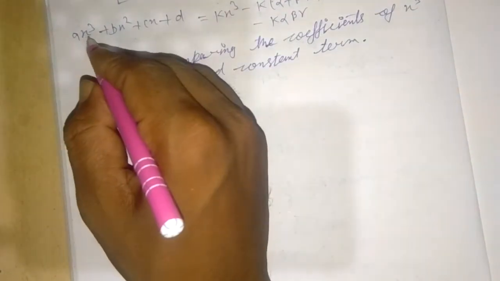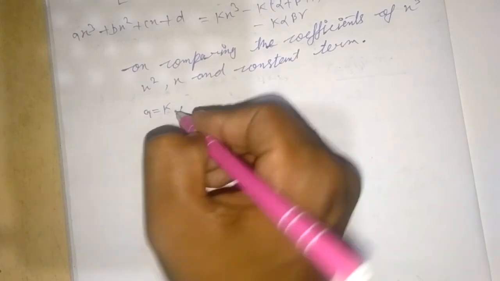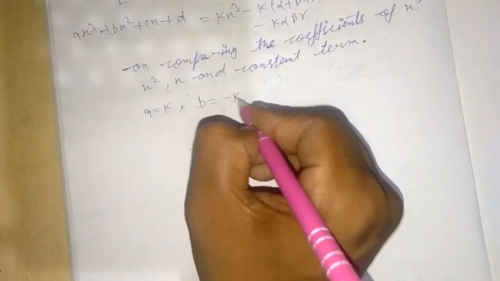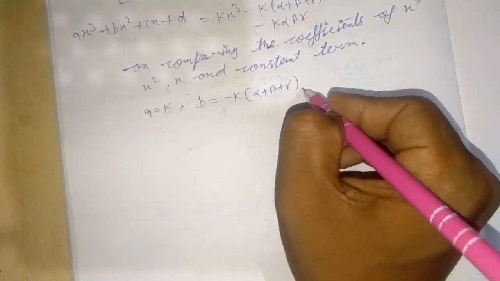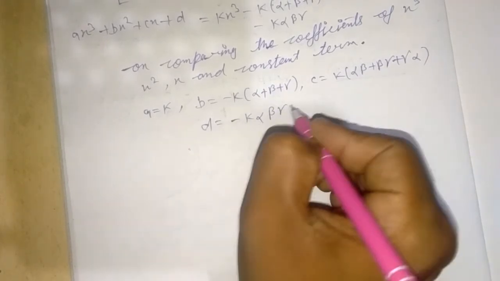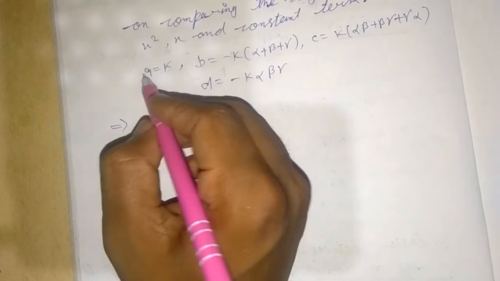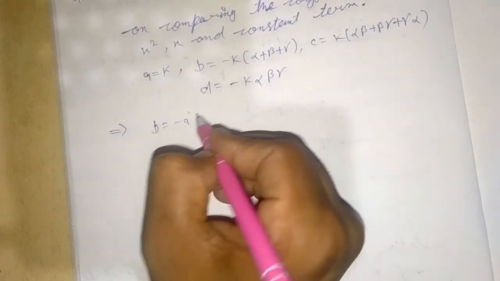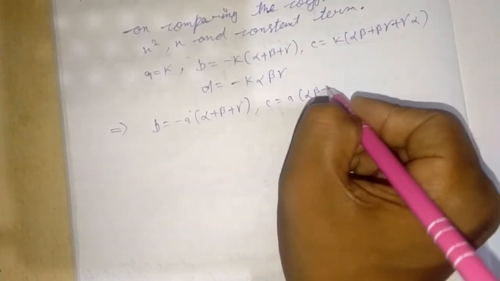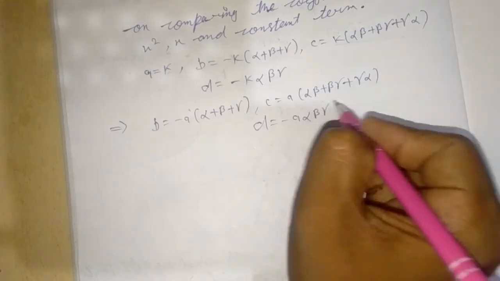So x cube here, a is equal to k. For x square, the coefficient b is equal to minus k(alpha plus beta plus gamma). c is equal to k(alpha beta plus beta gamma plus gamma alpha), and d is equal to minus k alpha beta gamma. Since k is equal to a, b is equal to minus a(alpha plus beta plus gamma), c is equal to a(alpha beta plus beta gamma plus gamma alpha), and d is equal to minus a alpha beta gamma.